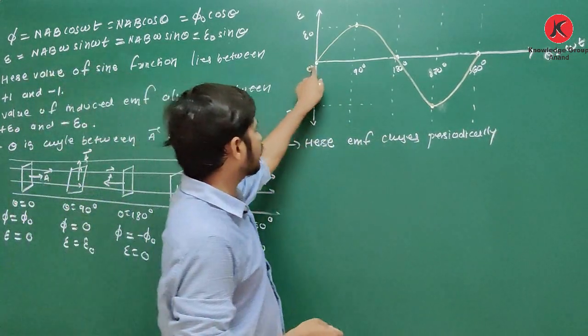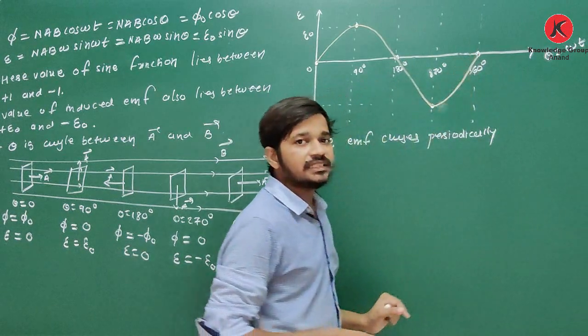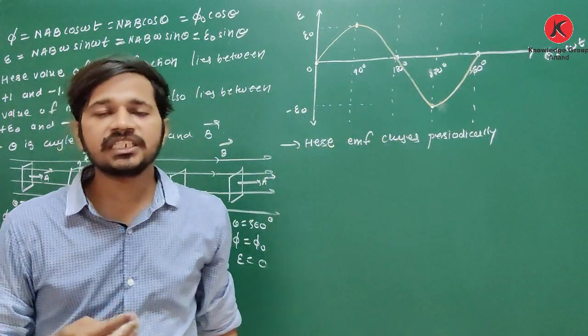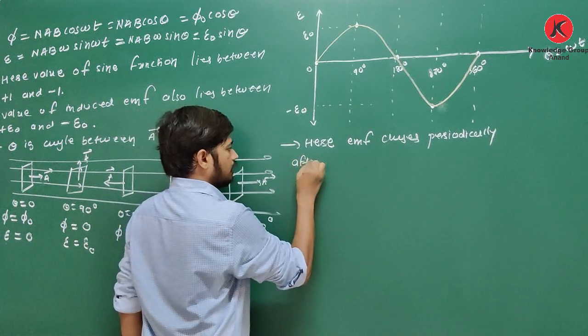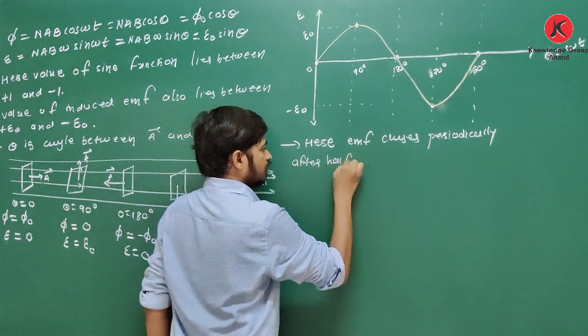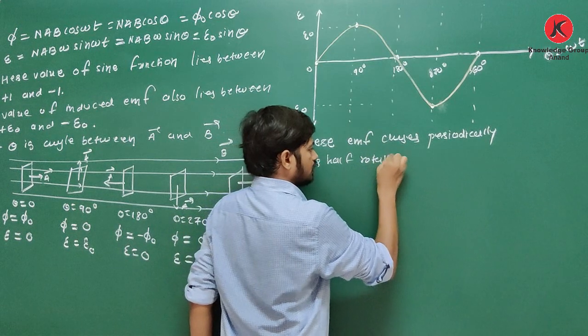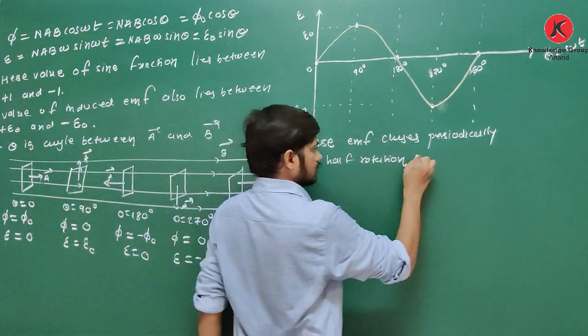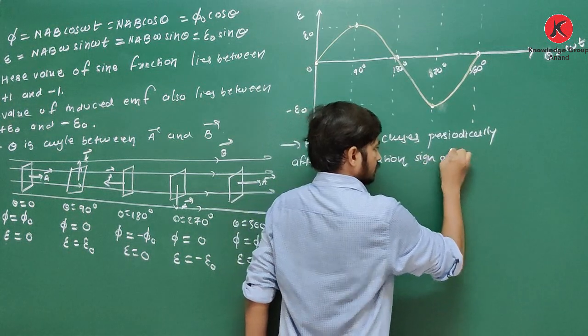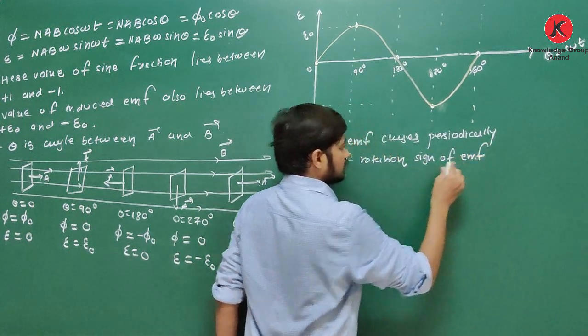Periodically means after half cycle, its direction changes. After half rotation, the sign of EMF changes.